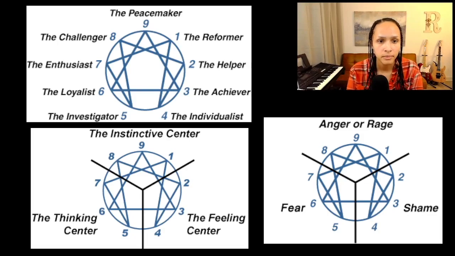And then I'm also going to introduce you to the 3 triads, demonstrated in the bottom left corner: the instinctual center, the thinking center, and the feeling center. Those centers are also related to a particular root emotion, a core issue of the types, an emotion that they're most rooted in.